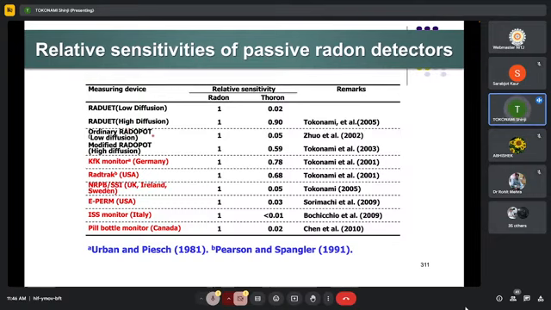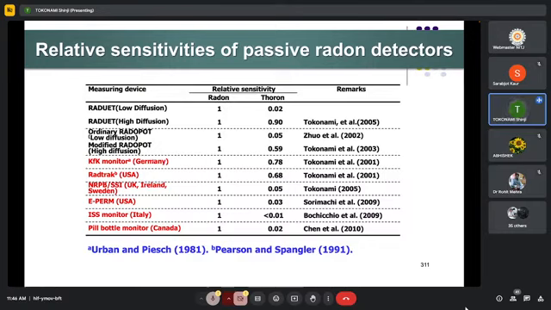This is a prototype of Raduet, namely Radopod. We modified the ordinary Hungarian monitor to measure the thoron concentration, and so we obtained higher sensitivity for thoron.